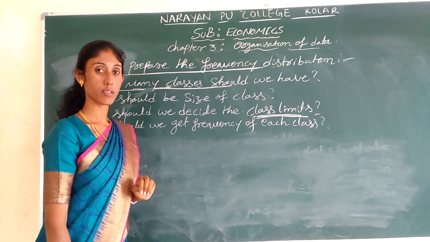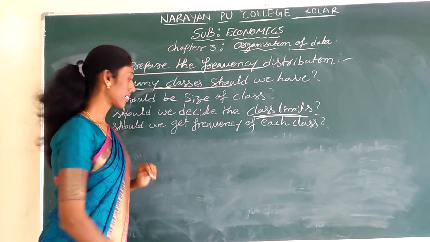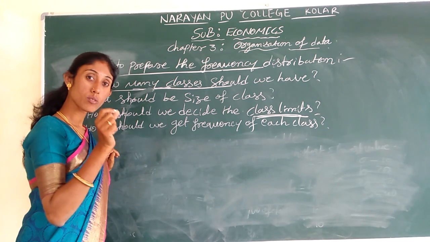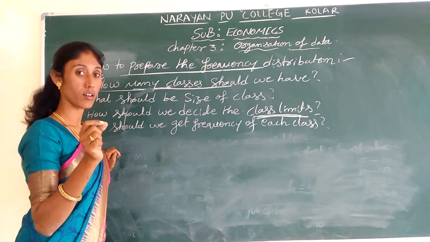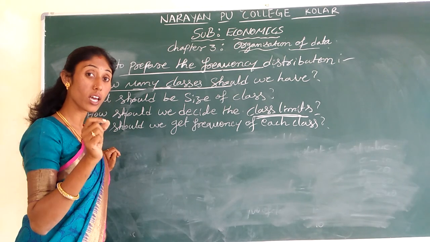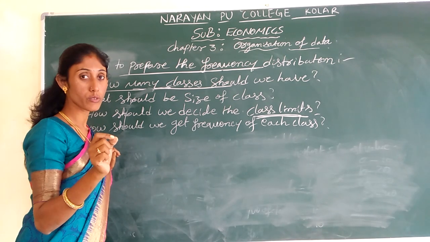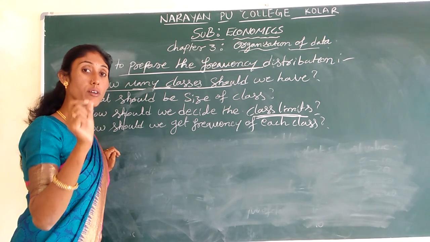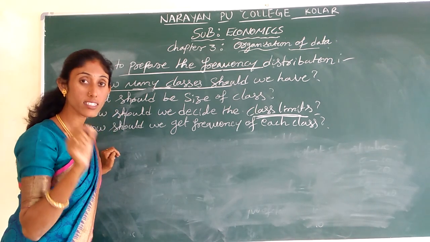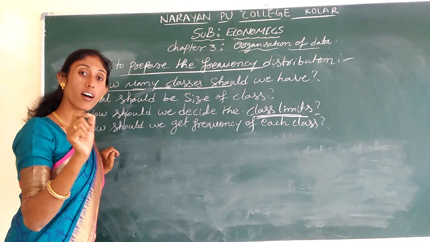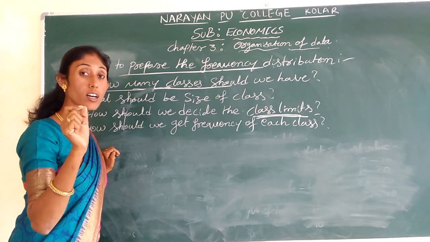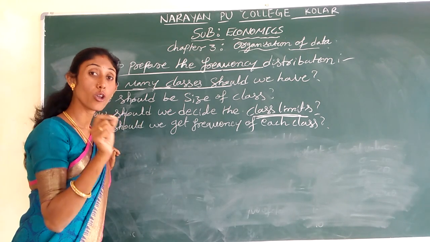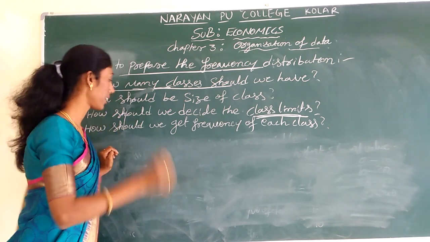To decide the class limit we use one technique: the smallest value in the variables or observation will be decided as the lower class limit of the first class. Always the lowest value, or the minimum value, of the observation will be decided as the lower class limit.